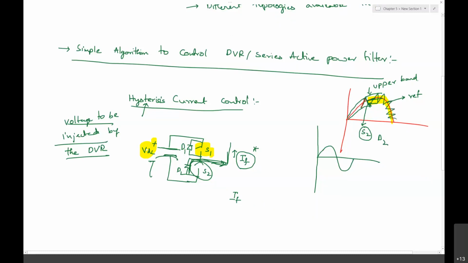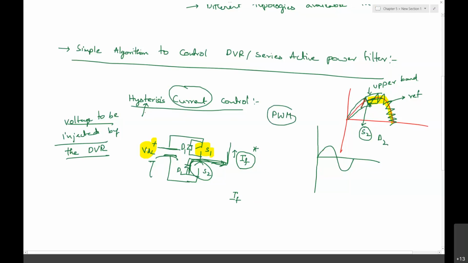Whatever explanation I have given is very much related to a current control methodology, basically the hysteresis current control technique. All the techniques which have been there are PWM based techniques, but this is about the hysteresis current control technique.